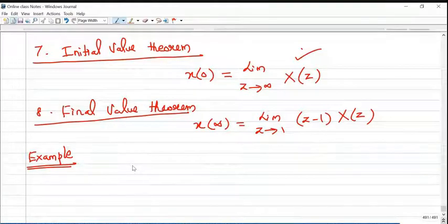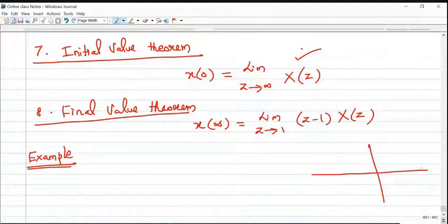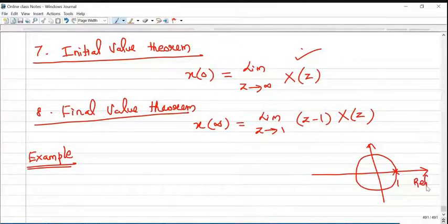In Z transform, the final value theorem is applicable only if all the poles lie within the unity circle. What is the unity circle? The circle with radius 1 in the Z plane, with real part of Z and imaginary part of Z as axes.